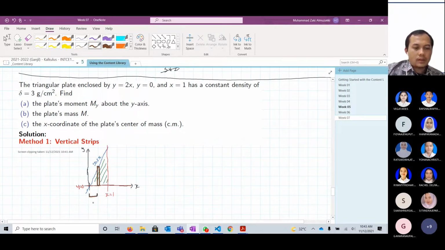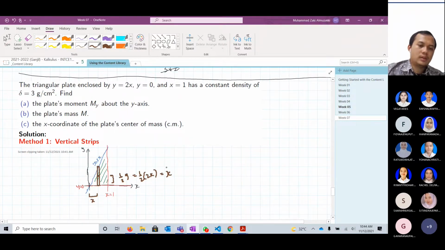It has this distance x, and the center of mass is always in the middle of this vertical strip, which in this case is half of y, which is half of 2x, which is x.